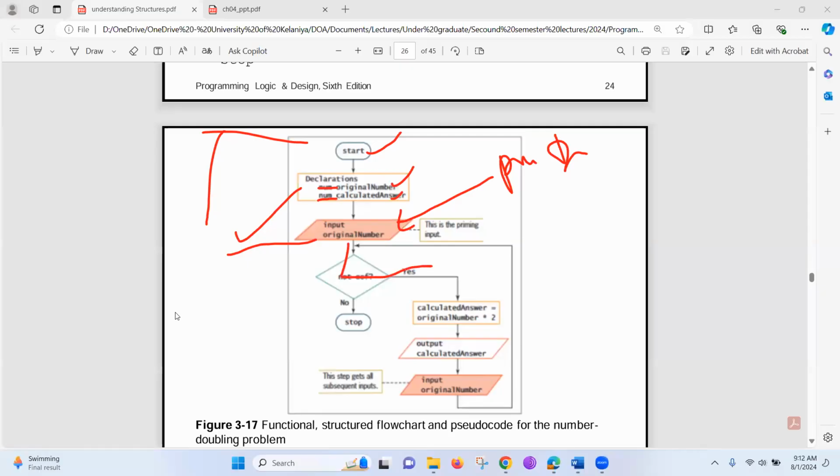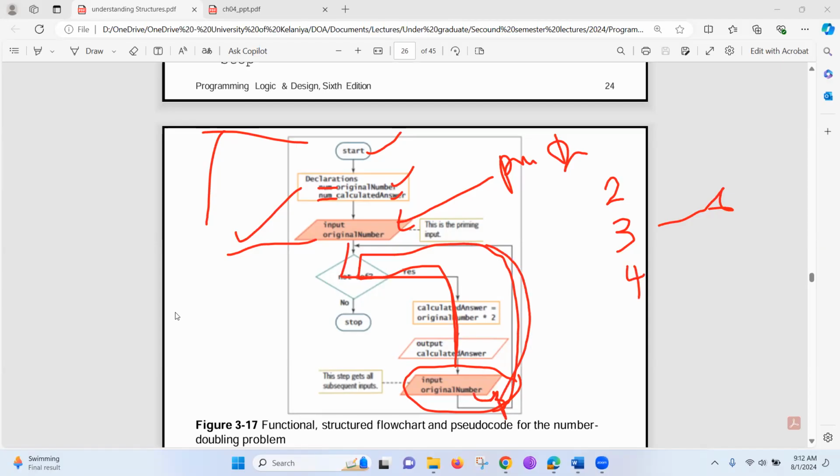After that, you are going the same flow. Then here you can have another input, original number. That means first time you can input 2, second time you input 3 as your next number. Here you are inputting 3, and it shows 6. The third number you can give 4, and it shows 8.